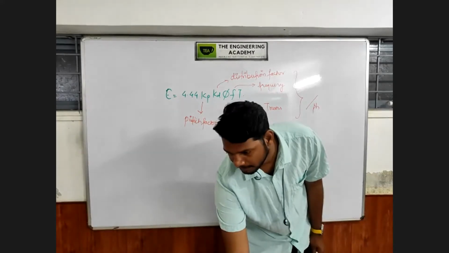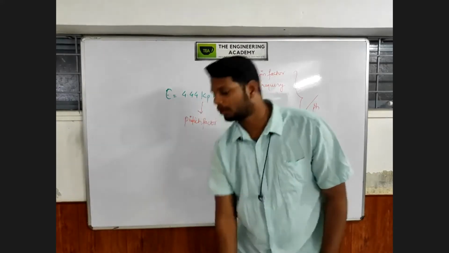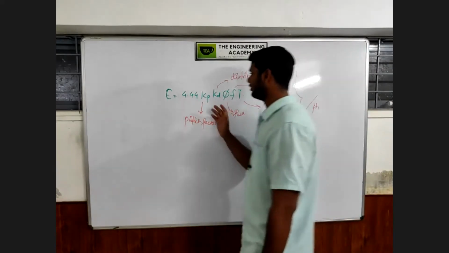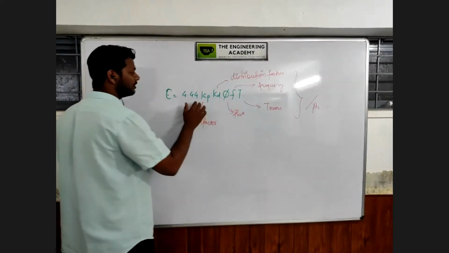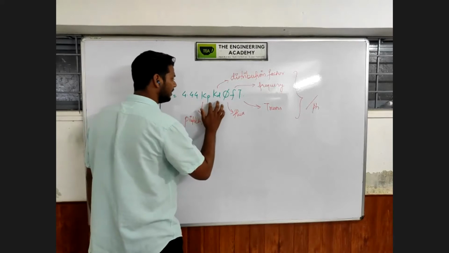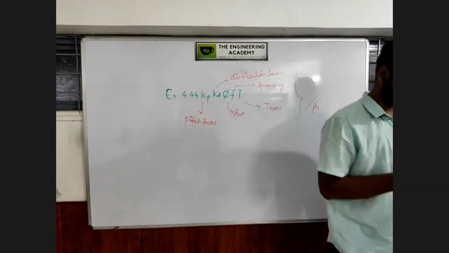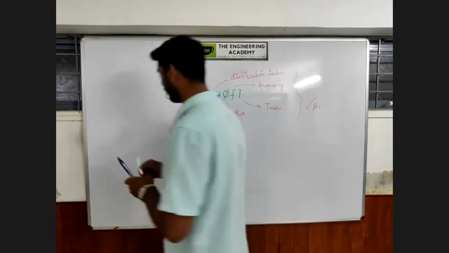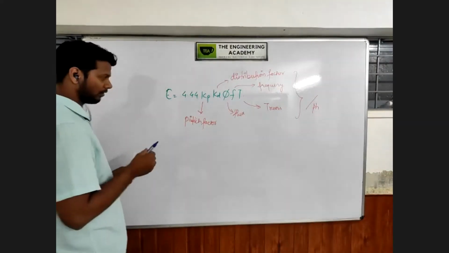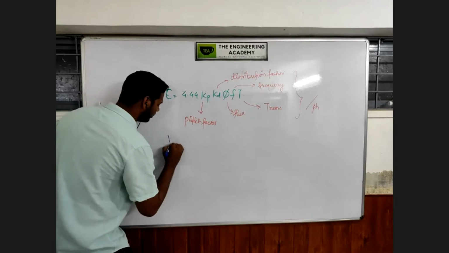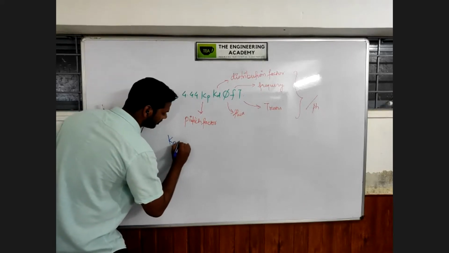Now we will see what we mean by Kp. In a synchronous machine there are formulas for Kp and Kd. Does anyone know the formula for Kp? It was taught at your graduation level.